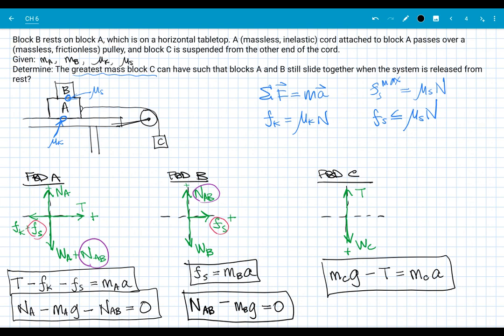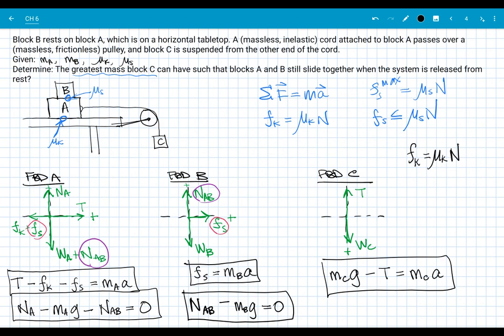And I'm going to flesh out really quick the frictional forces, and then I think we're ready to go. So the force of kinetic friction here, that's going to be equal to the coefficient, which is given, multiplied by the normal force. And which normal force is that? Look for it. Force of kinetic friction acts at the interface between block A and the table.